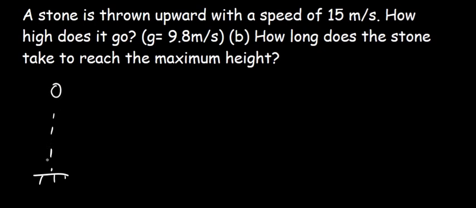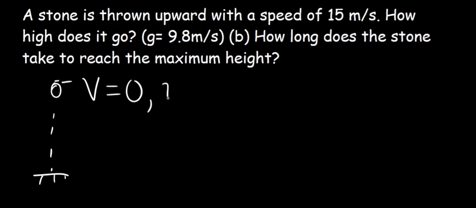Each time a stone is thrown up, at maximum height, you need to note that v, the final velocity, is 0. Because when you throw it up and get to maximum height, there's no motion before it starts coming down. So at maximum height, the final velocity is 0.